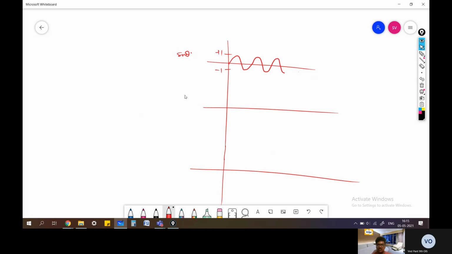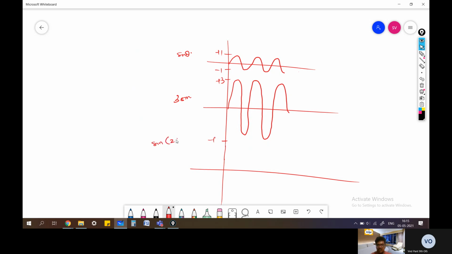It will look like this. But when I say 3 sin theta, it will go plus 3, it will go minus 3. It will look like this. The period won't change, but the amplitude will increase.